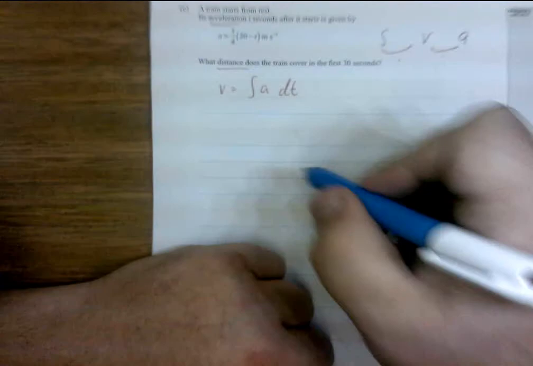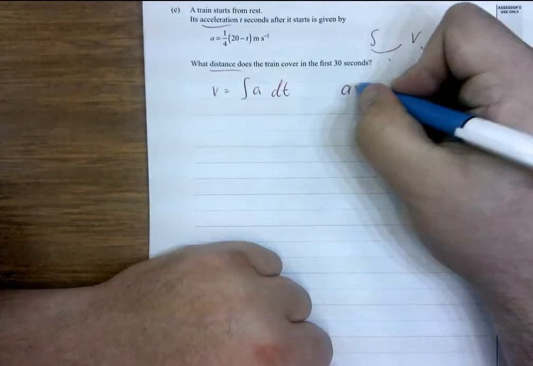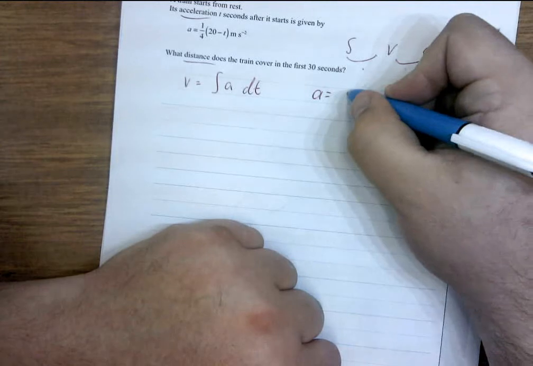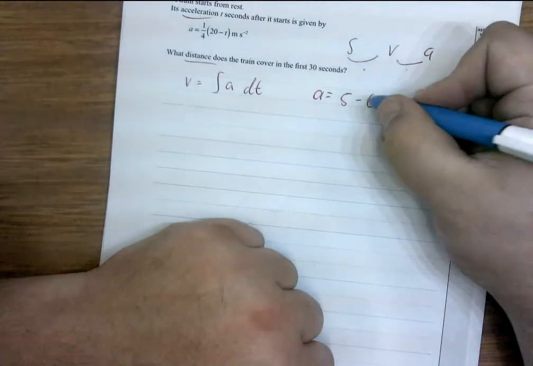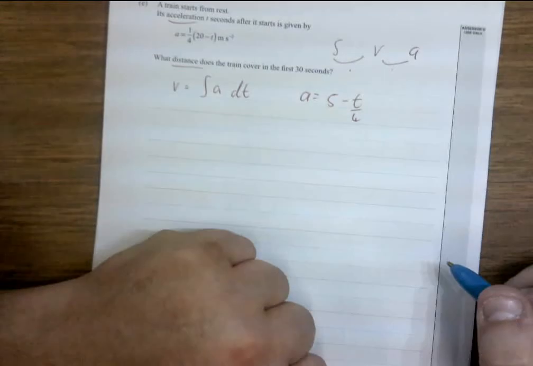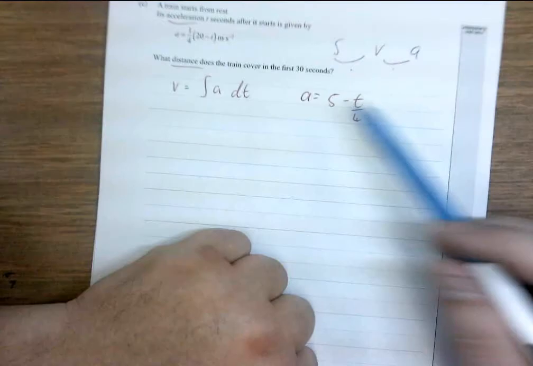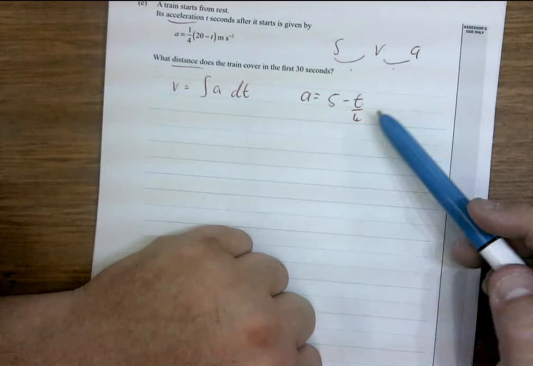I will write my acceleration equation as 5 minus t over 4. So I've just expanded and simplified that equation there.